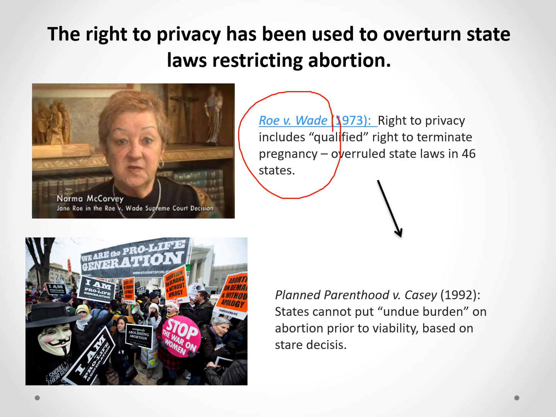This is why you've seen some states passing different laws. Some of the states that are more pro-life have actually passed laws that say if Roe versus Wade is overturned, then we're going to outlaw abortion once there's a heartbeat or once the fetus can experience pain.